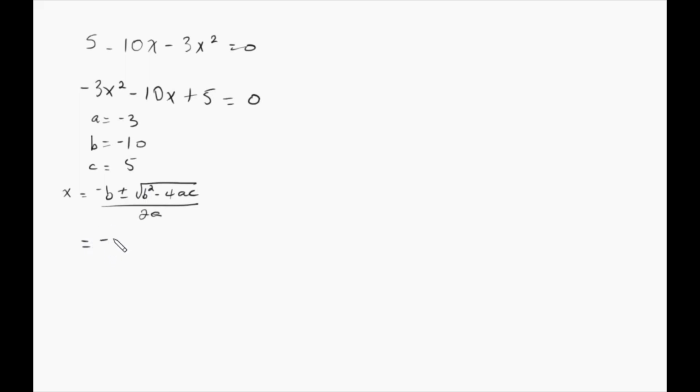Negative of b, and b is negative 10. Don't forget the negative here. Then b itself is negative 10 squared minus 4 times a, which is negative 3, times c, which is 5.